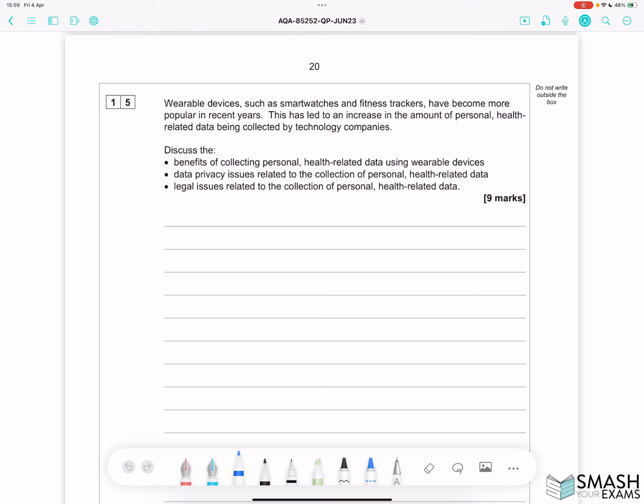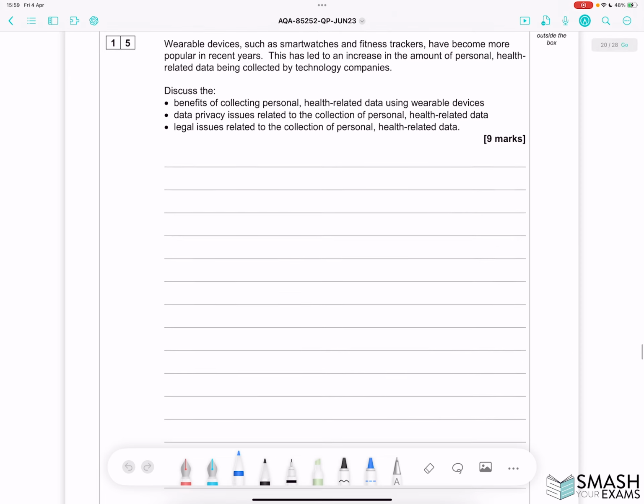Similarly, if we give some really good points about all 3 of those bullet points, and then we give a nice summary at the end to say why we think this is a good or a bad thing, we're then going to be in that top level, level 3, and we're going to be entitled to 7 to 9 marks here. Now, what's really important is we need to give a really logically structured answer, and we need to consider a range of relevant points. So I'll show you how you could approach this kind of answer.